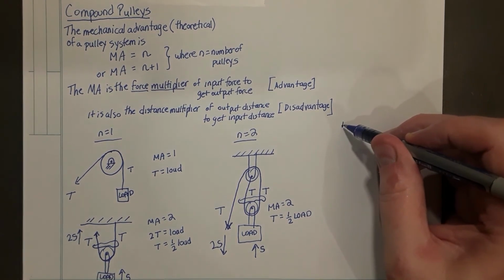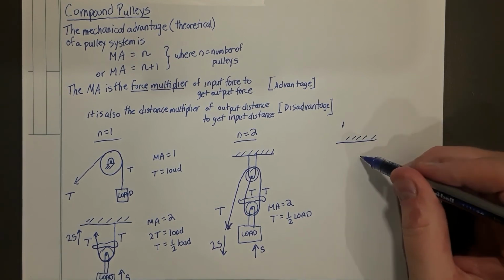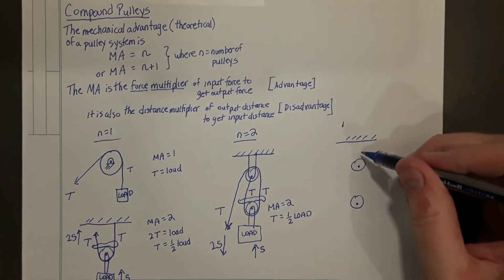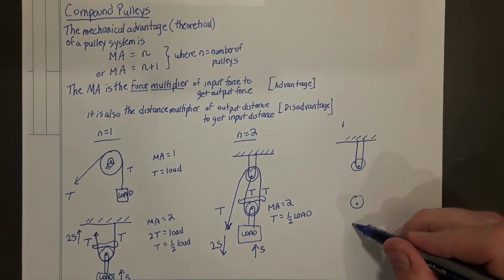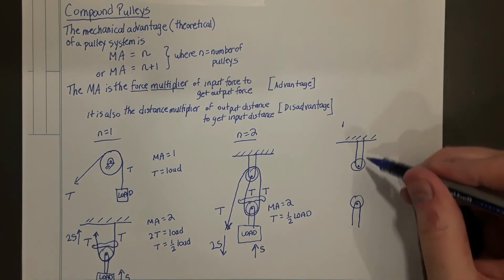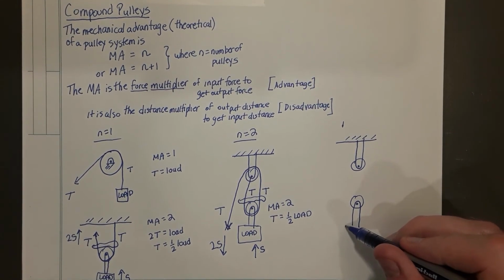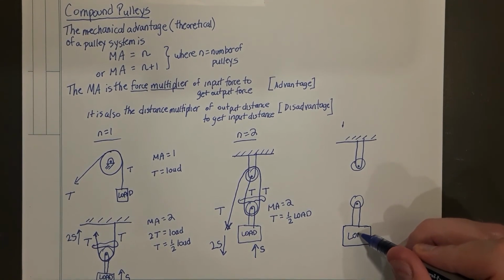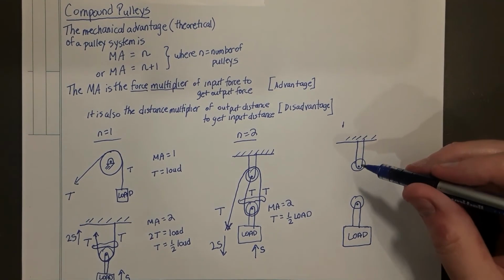I can take the exact same pulley system. So we had 2 identical pulleys. One is connected to the ceiling, mounted, fixed. This is known as the fixed or stationary block. One is directly attached to the load and it's going to move, so it's called the moving block or the traveling block.